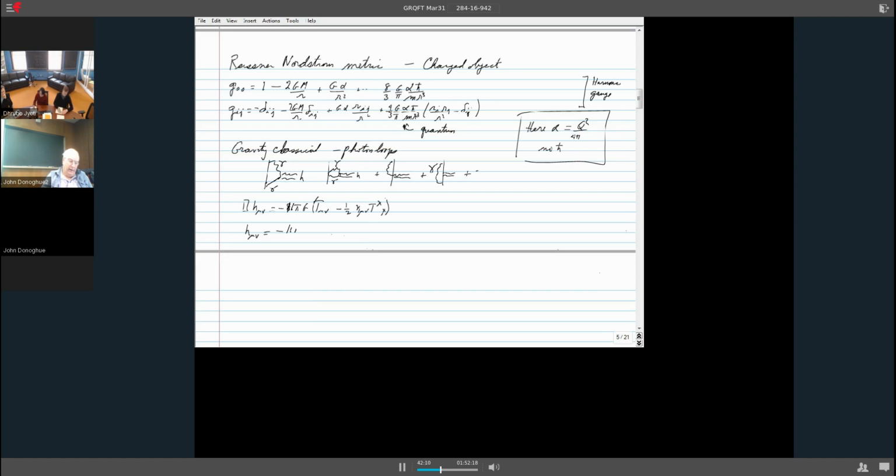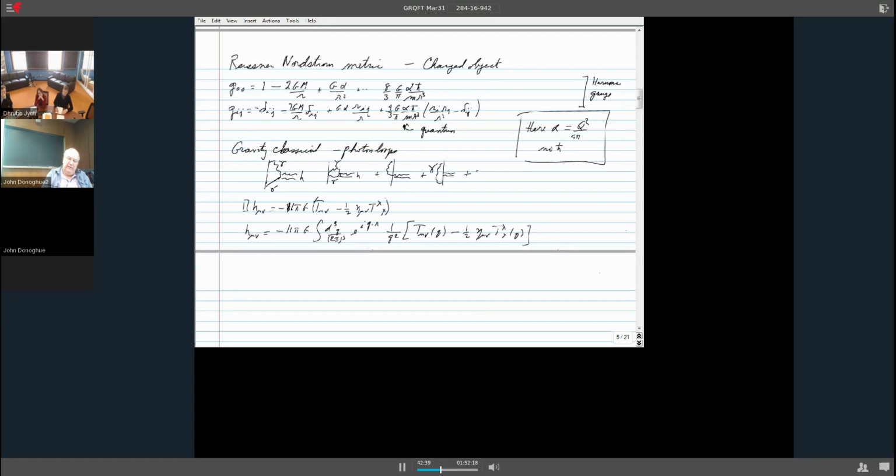So here, since gravity is classical, we basically have box h mu nu is minus 16 pi G times T mu nu minus 1/2 eta mu nu T lambda lambda. So I've done weak field gravity, and then this lets me invert.